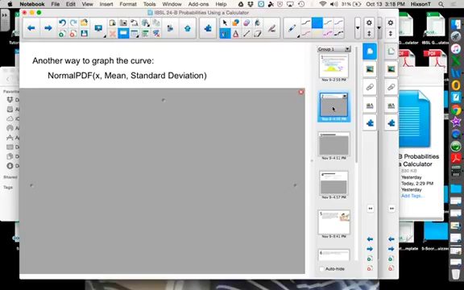Okay? The normal PDF function. Now, if you have the Inspire, it's actually just called norm PDF, not normal. Now, you can find this through the catalog. Okay? But that's the one nice thing about the Inspire, you can just type in norm PDF and hit parentheses. Okay?